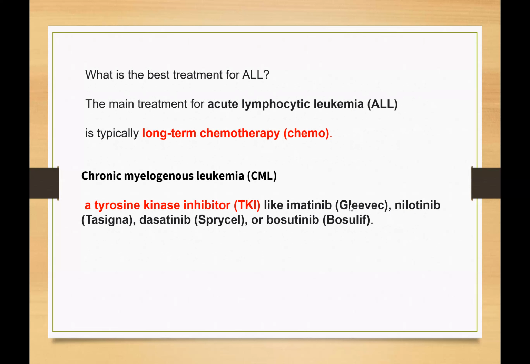This is the commercial name, but also imatinib, nilotinib, dasatinib, and bosutinib. These are all different tyrosine kinase inhibitors, and these drugs are very potent inhibitors which take care of this abnormality developed in the cancer cells or leukemia cells.